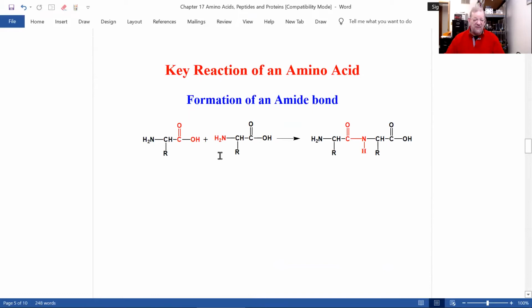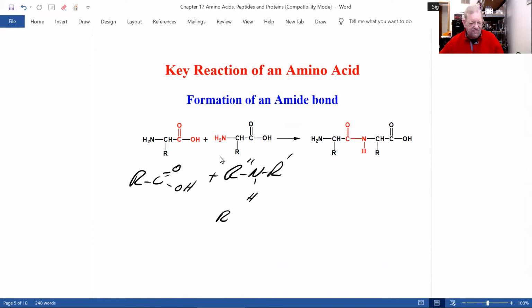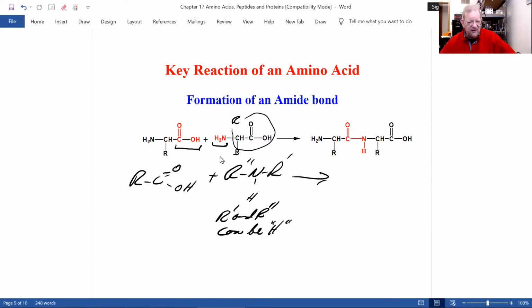And here, remember, you take a carboxylic acid, which is this part, and an amine, which is this part, where R double prime is hydrogen, and this part right here, including this R group, is the R prime.